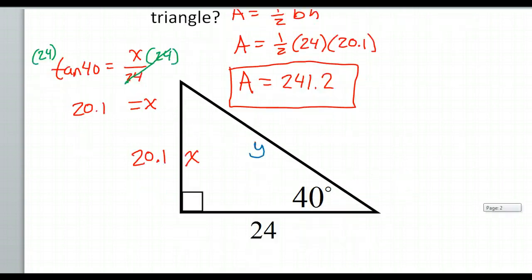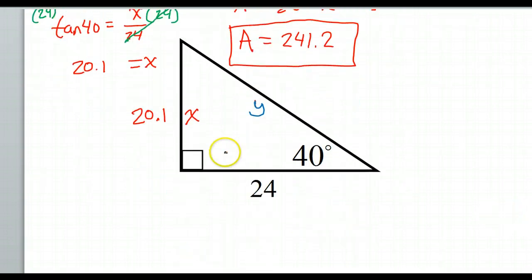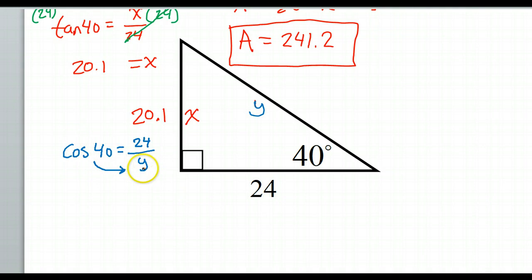Okay, so if I'm going to find that, now I'm looking at the adjacent leg and the hypotenuse, because y is the hypotenuse. So I could do the cosine function. So I'm going to do cosine 40 is equal to adjacent over hypotenuse. Again, when the unknown is in the denominator, I can do this reversal.